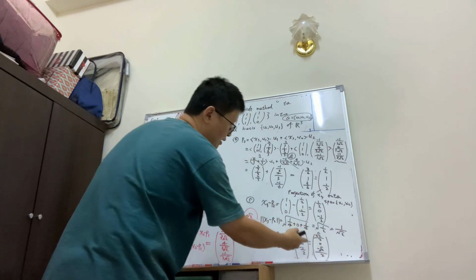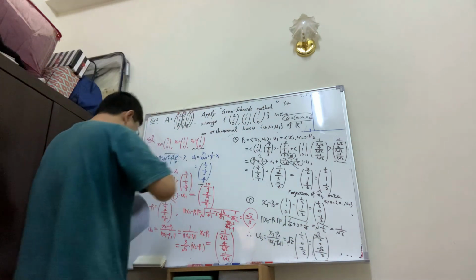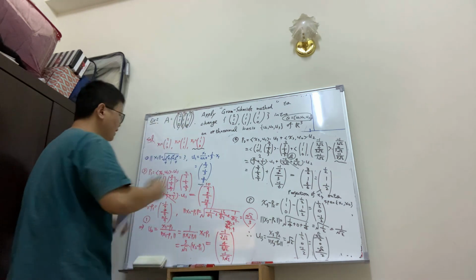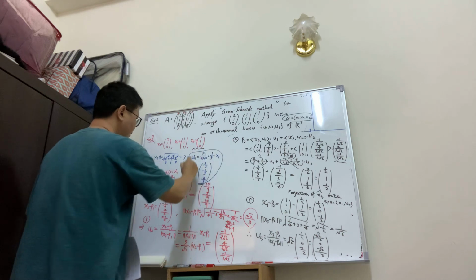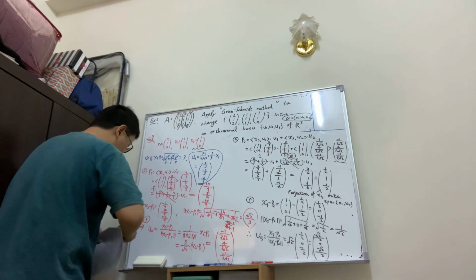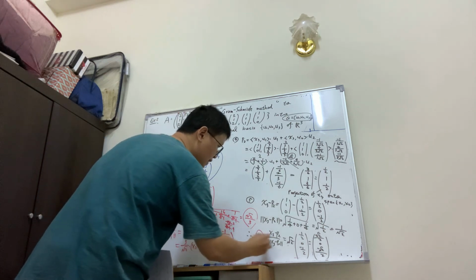And of course, yeah, just this time. So now you have 3 vectors. U1 is this one, U2 is this one, and U3 is this one.